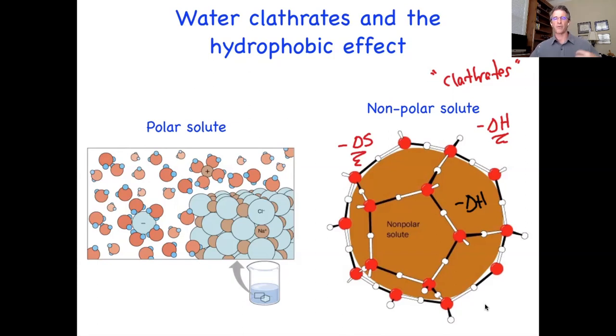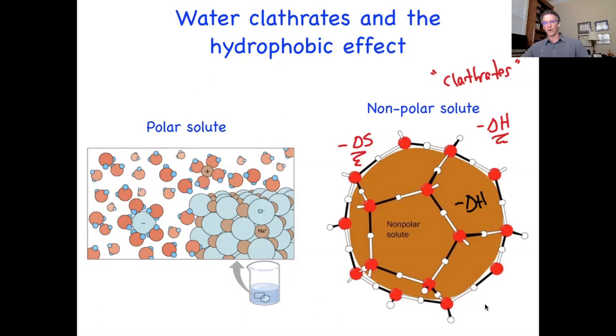So the system, in an attempt to minimize the overall energetic penalty, right? It would be better if the hydrophobic stuff wasn't there, but since it's there, we've got to make a cavity and we've got to minimize the penalty. And that minimization is achieved by, number one, gaining as much enthalpy as you can from the high residence time hydrogen bonds of these clathrate structures, clustering the hydrophobic stuff up together, and minimizing the number of water molecules that contribute to this entropic penalty.